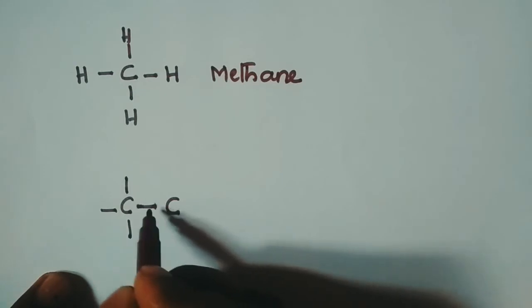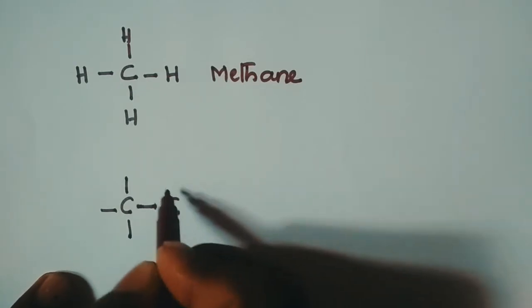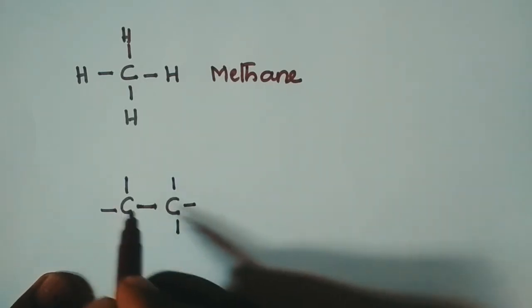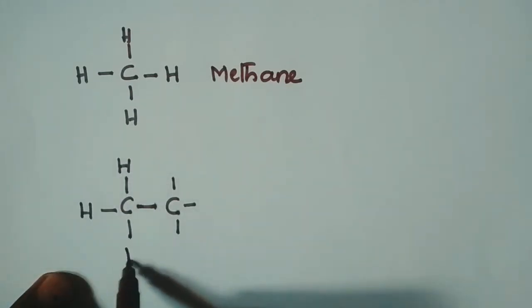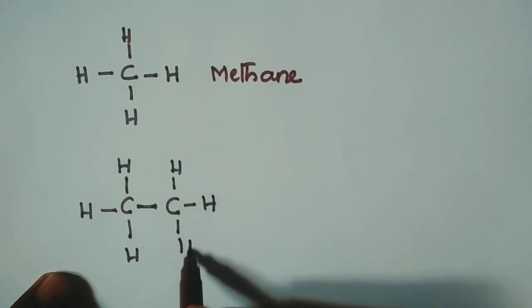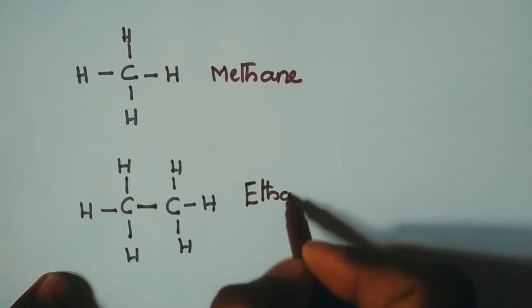For this carbon also, already 1 bond is there, then you can subtract 4 minus 1. You are getting 3. In the beginning I told you, for each bar you can write the hydrogen atom. Like this you can write. This molecule is a 2-carbon alkane, that is called ethane.